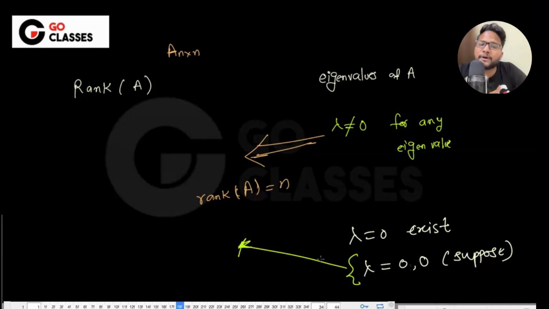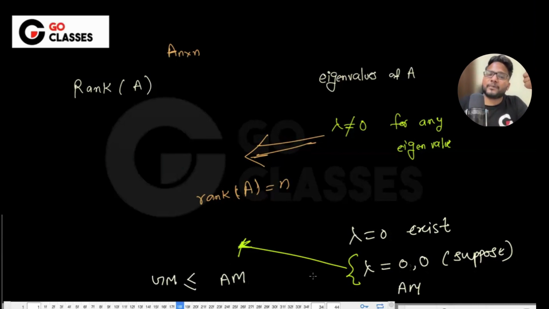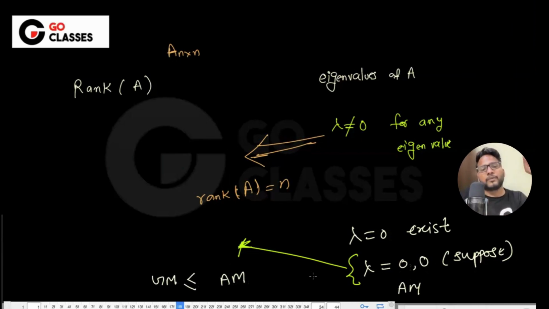Maybe one linearly independent eigenvector, maybe two. This is called algebraic multiplicity. Its relationship with geometric multiplicity is that geometric multiplicity will always be less than or equal to algebraic multiplicity. If it is 2, then the number of linearly independent eigenvectors may be 1, maybe 2.